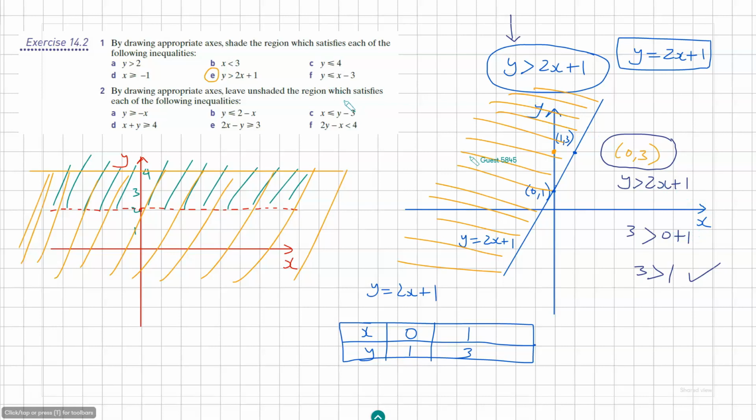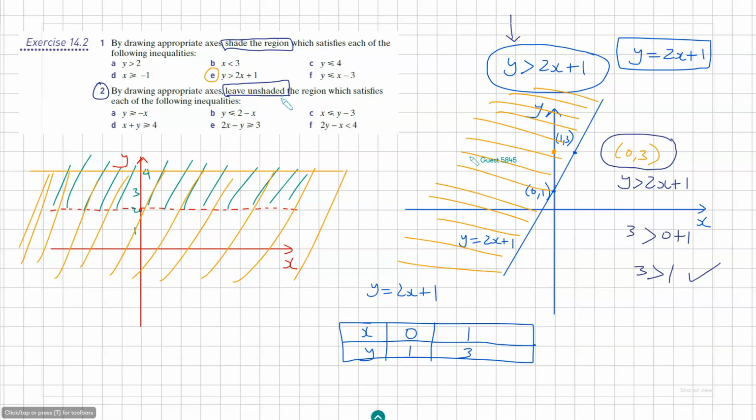Now, sometimes in your exam, you will have questions like this. The second one says, by drawing appropriate axes, leave unshaded the region which satisfies the inequality. So the first question was shade the region, and the second question is leave unshaded, so you have to shade the other part.